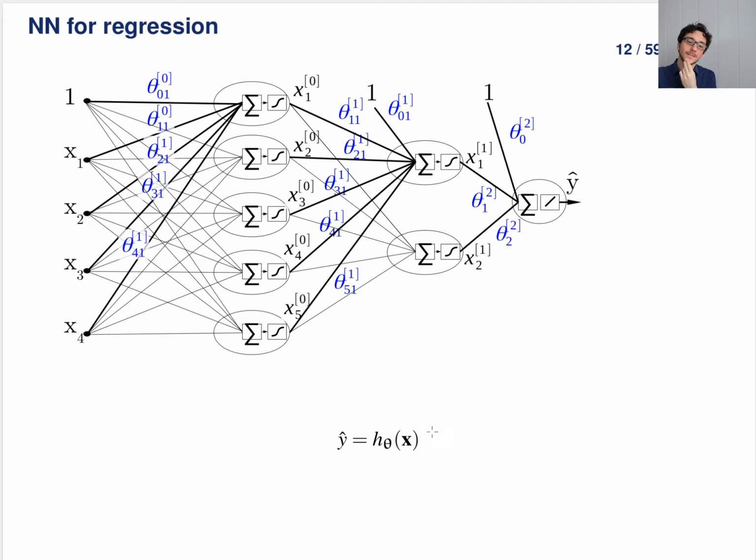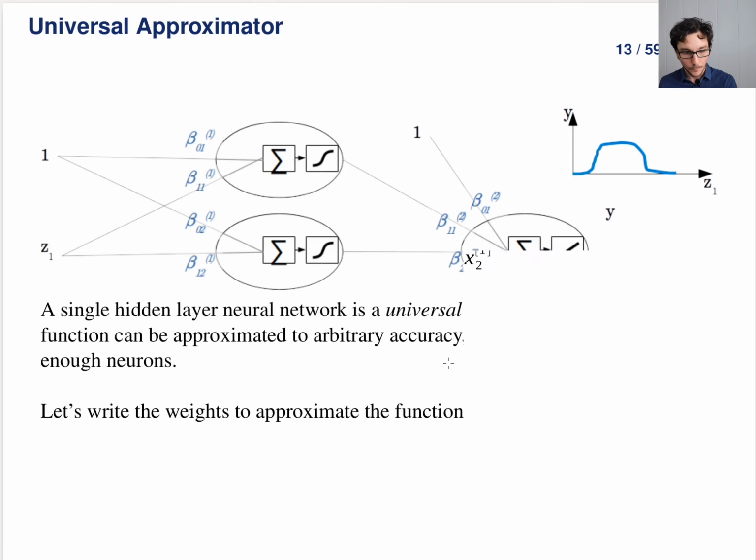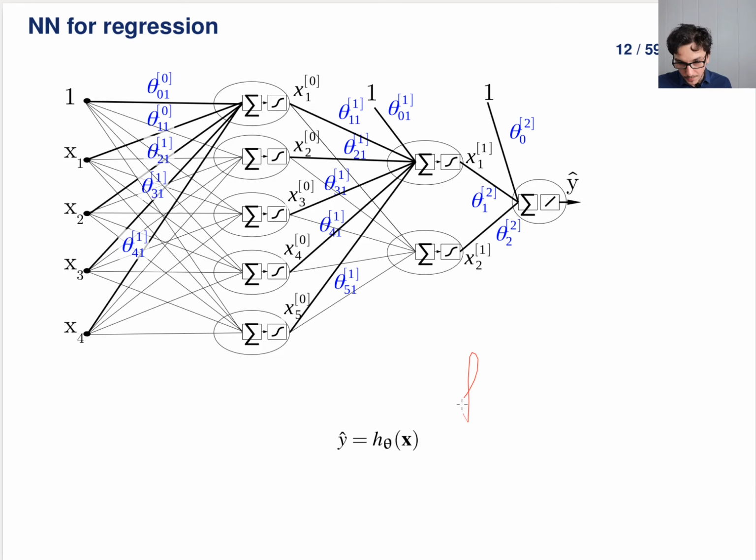This structure here is very flexible, because by combining all this computation, you can show with the theorem of universal approximation of neural networks that you can approximate any continuous function. So if someone gives you any continuous function f of x, you can always find a parameter vector theta such that your approximation function is close enough to this continuous function.